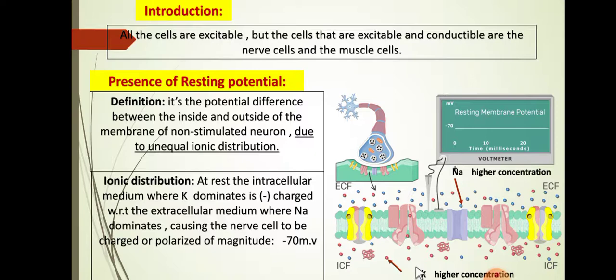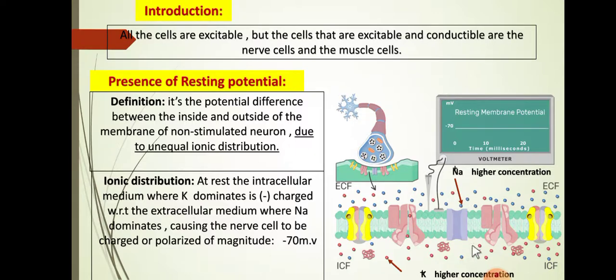So it is high in potassium, K+ ion, while in the extracellular medium, outside the cell, we have the sodium ion. It is rich or high in sodium ion, the blue ones. Now we also find K+ ion, the red one, outside, but in a low amount. Here we found Na+, also in a low amount.